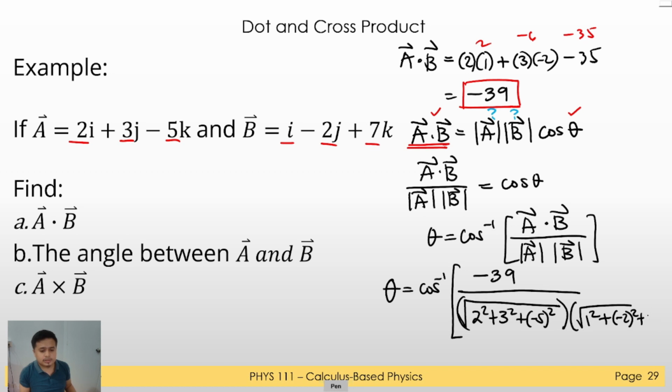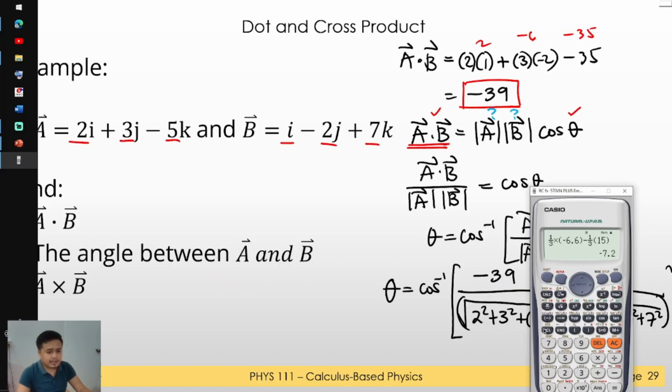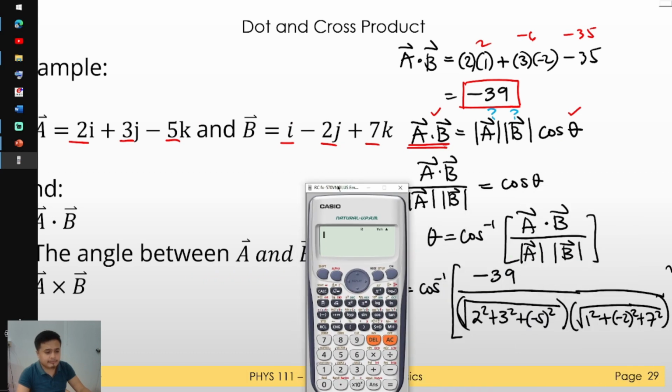Simplifying this, we could utilize the calculator. We have inverse cosine of negative 39 over the square root of 2 squared plus 3 squared plus 5 squared, since the negative sign cancels out, multiplied by the square root of 1 squared plus 2 squared plus 7 squared.